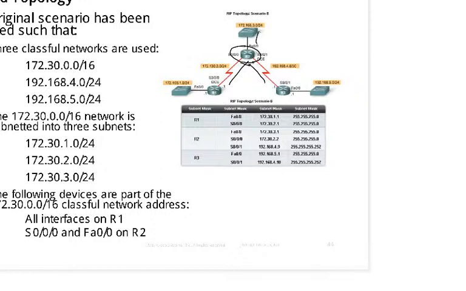These two interfaces are in class B, and this interface is class C. Okay? So automatic summarization talks about the fact that router 2 will be detected as a boundary router, because it's the boundary of two different subnetworks with two different classes. So router 2, we call it a boundary router.